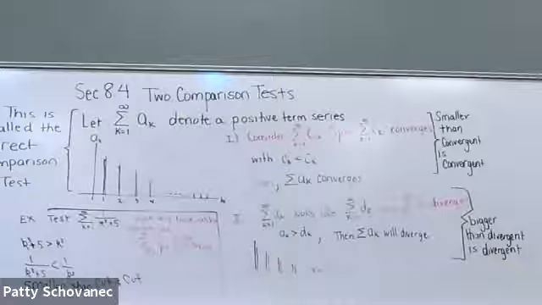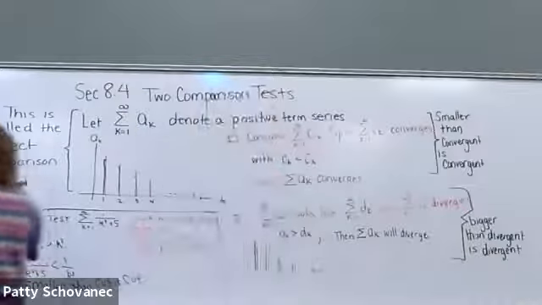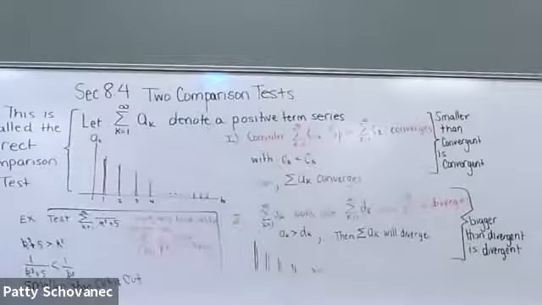For both cases. Smaller than convergent is convergent, bigger than divergent is divergent. That's the Reader's Digest version of the direct comparison test. Smaller than convergent is convergent, bigger than divergent is divergent. And we're going to note the direct comparison test.